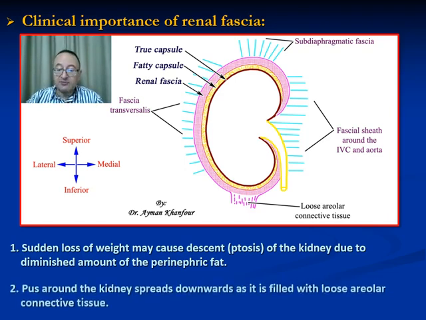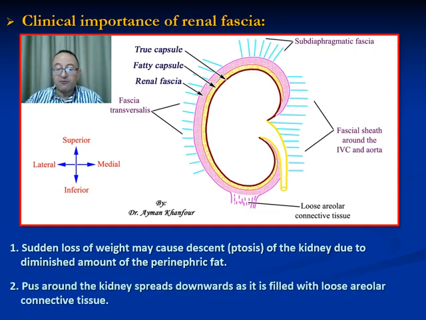The second item we have just mentioned: if we have a collection of pus around the kidney, which is called the perinephric abscess, the site of propagation of pus is downwards. Why? Because this part is covered by loose areolar connective tissue.